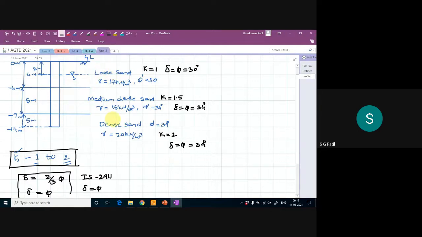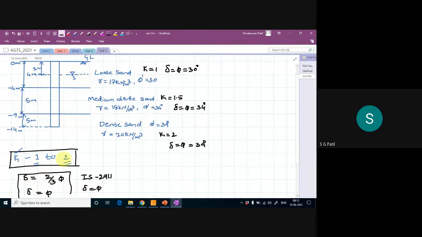Whatever I have written with blue ink are the given parameters. These black ink parameters they may give in the problem or they may not give. It's not mandatory that they give these parameters in your problem statement, because you should remember the range of k value and the range of delta value.